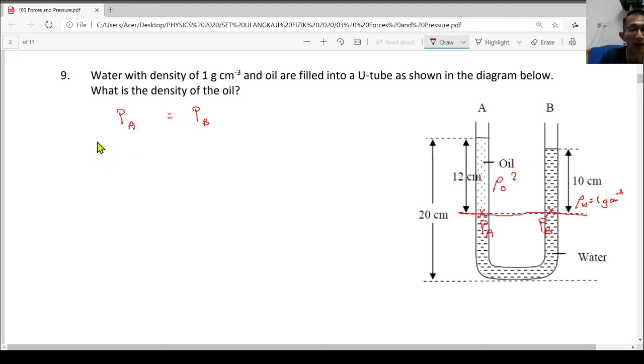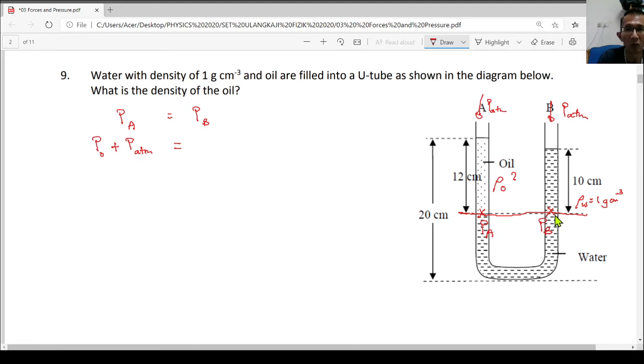I have pressure due to the oil plus the pressure due to the atmosphere, because it's open here. So definitely I have P atmosphere pressing down on the liquids. Equal to the pressure at point B.